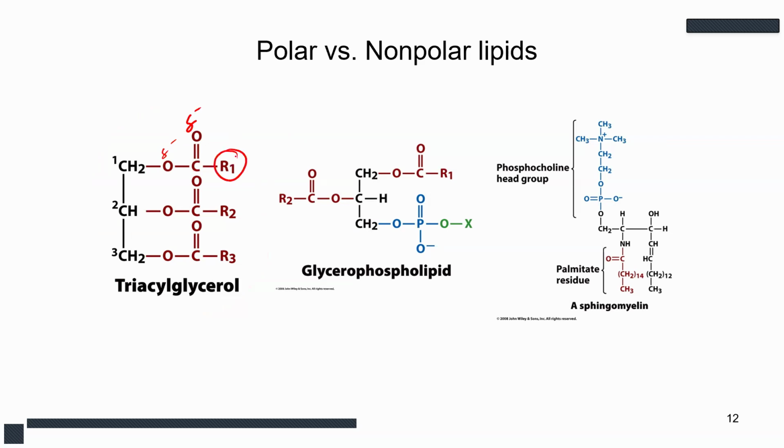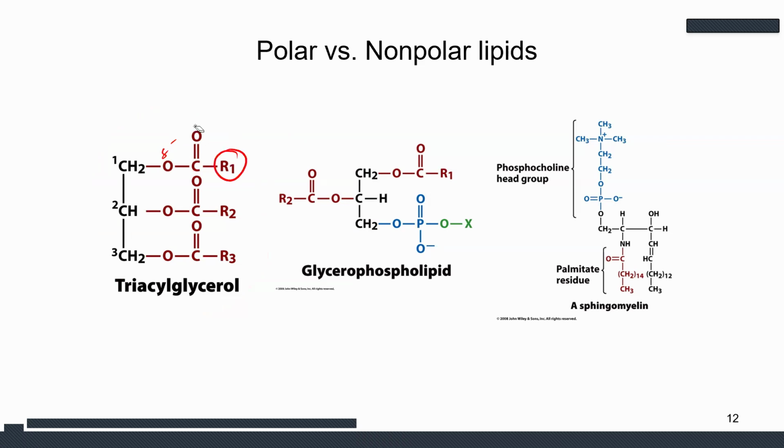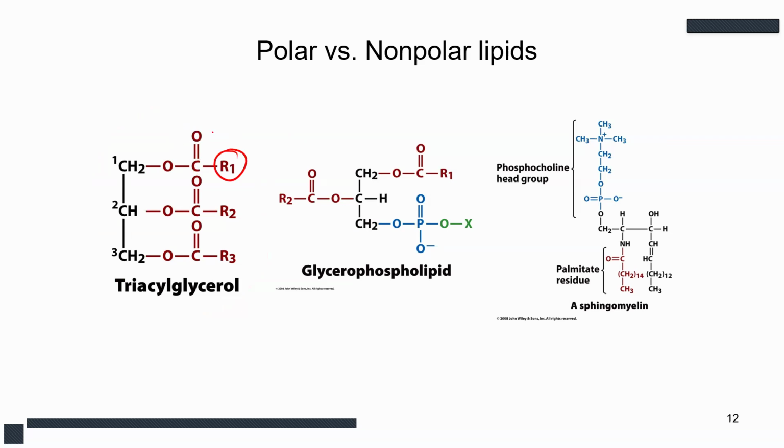But let's think about a fatty acid. That R sub one, that R group, what is that? Hydrocarbons. That's a long alkyl chain. It's just a bunch of carbons and hydrogens. So this would be considered a non-polar lipid. So despite glycerol being semi-polar, a triacylglycerol is a non-polar molecule.